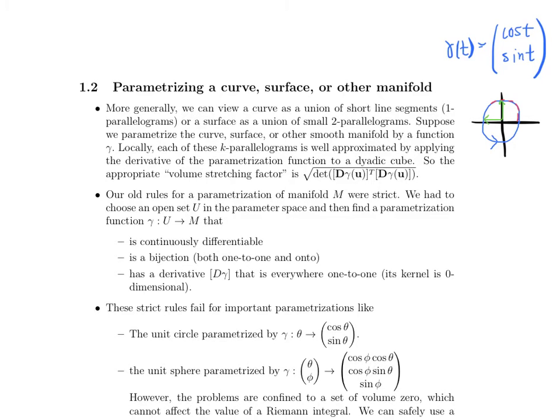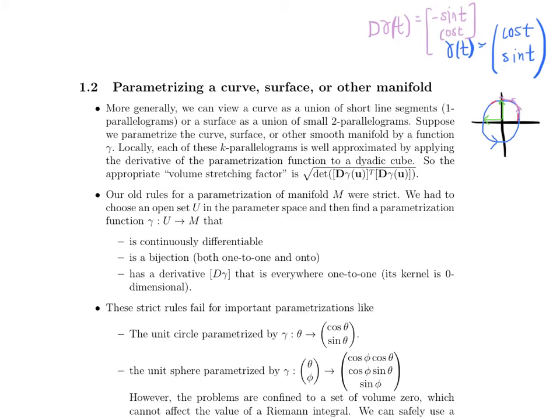Those aren't giving you the directions of the little line segments. What the line segments are actually doing is coming from d gamma, the derivative of this vector-valued function. Sorry, it got a little crowded up there, but d gamma gives you negative sine t, cosine t, and in fact, those are the vectors pointing along here, just tangent to the circle, just like you want your one-parallelograms to be.